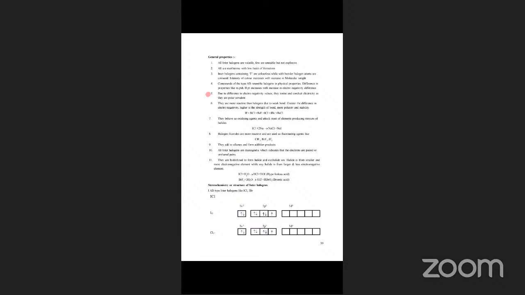The greater the difference in electronegativity, the higher the strength of bond, more polarity and stability. See, iodine and fluorine: iodine is 2.20, fluorine is 4.0, so the electronegativity difference is 1.80. And bromine and chlorine is just 0.1: chlorine is 2.85, bromine is 2.75, just 0.10.